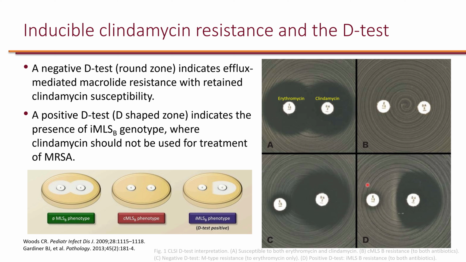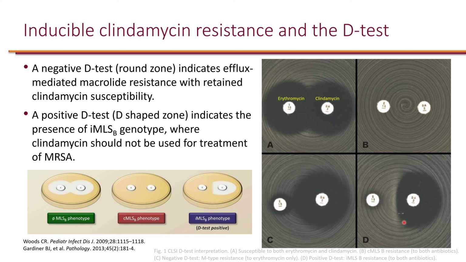The D-test is that if the same test shows you a D-shaped zone instead of a complete circle, essentially that means that, obviously this is resistant to erythromycin, and erythromycin is diffusing through this plate. So the idea is that the area that's close to erythromycin, because there is some erythromycin in this area over here, it has essentially induced resistance to clindamycin.